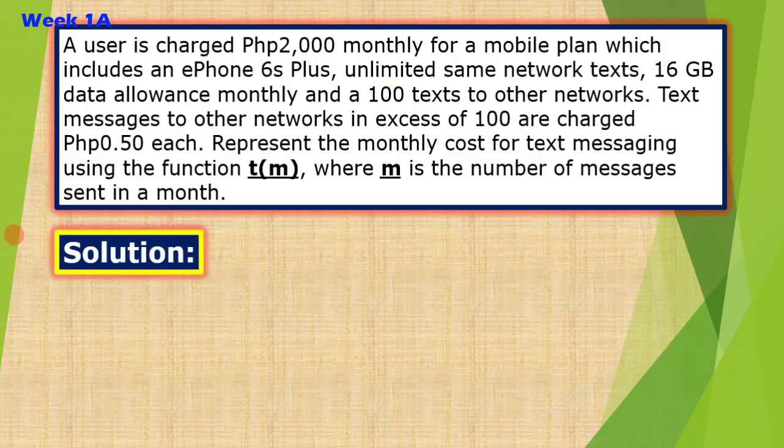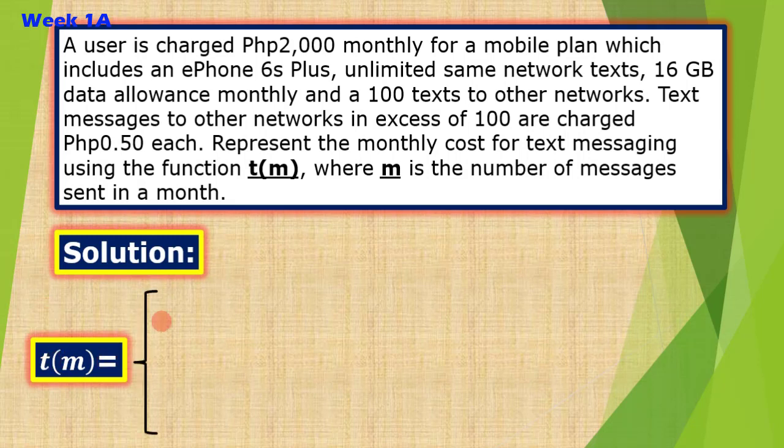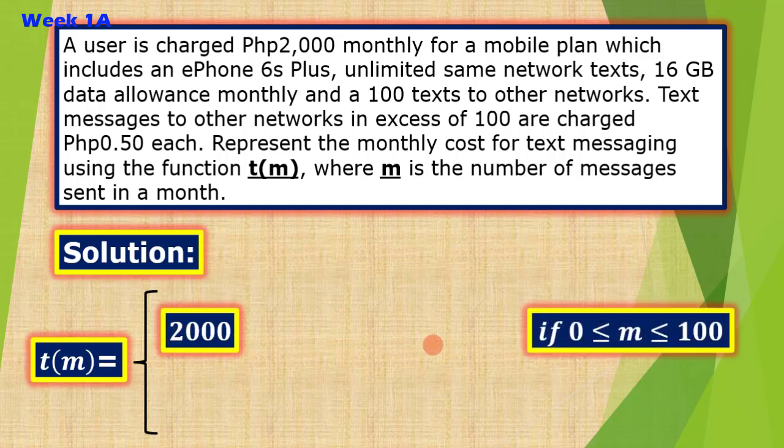So for the solution, we have T of M equals, we have two functions. The constant function that represents the monthly charge, in this case 2,000, a constant, if the number of messages to other networks in 1 month is greater than 0 but less than or equal to 100.